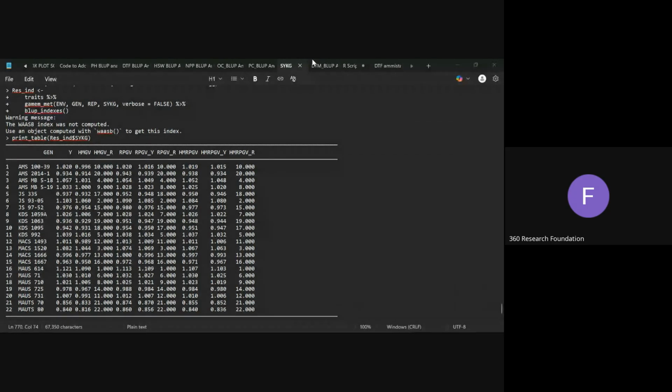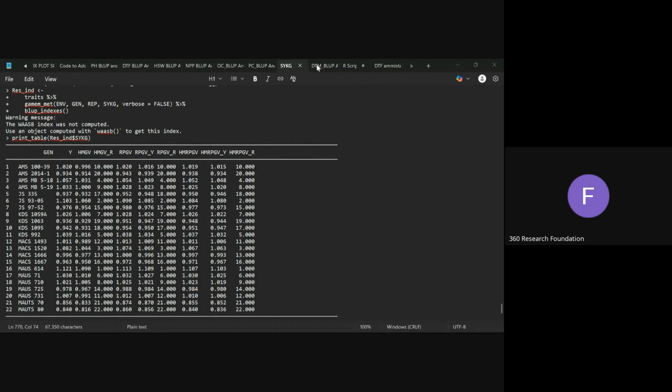Then RPGV is the relative performance of genotypic value. Then RPGV underscore Y is the relative performance of yield. Here we have taken the character yield.